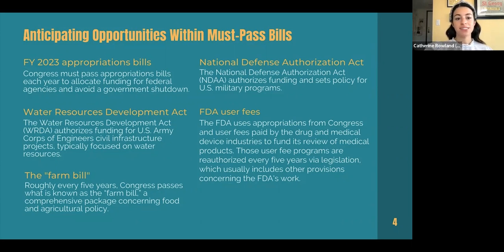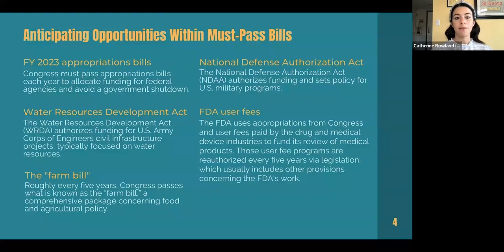To figure out which ones Congress will act on, it's useful to look back at prior years. For instance, roughly every 5 years, Congress passes what's called the Farm Bill, which is a comprehensive bill about food and agricultural policy. Because this bill is typically being reconsidered every 5 years, we can anticipate when Congress will work on a new farm bill.